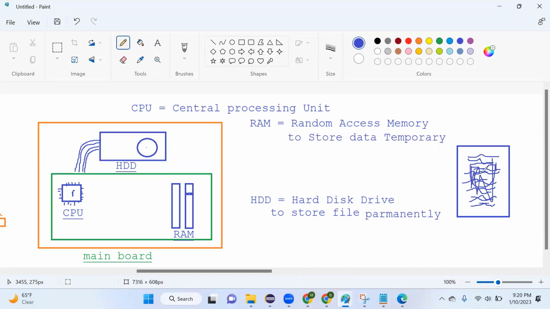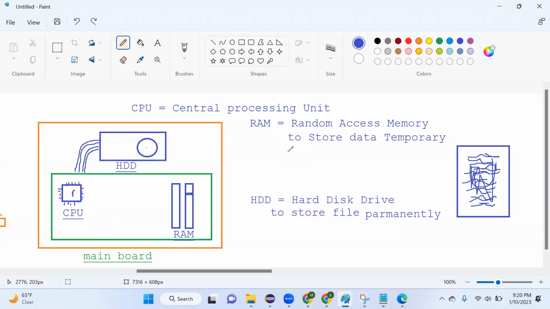Maybe auto save saves some part of the file, but most of the unsaved part will be deleted from the computer, because it is not saved in the hard disk drive that stores files permanently.